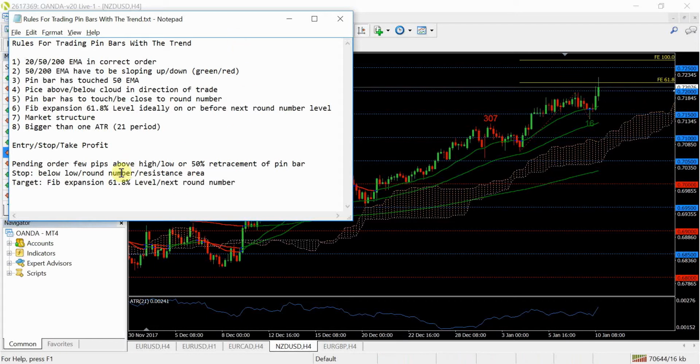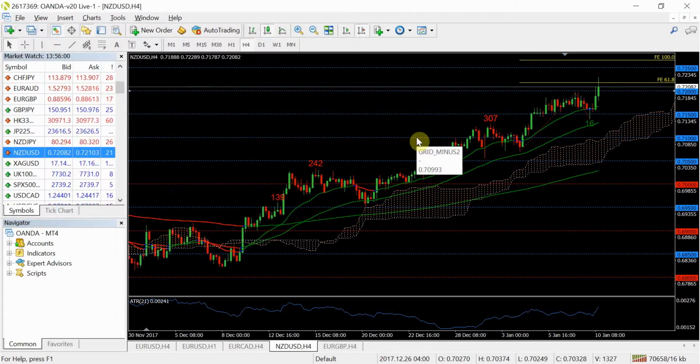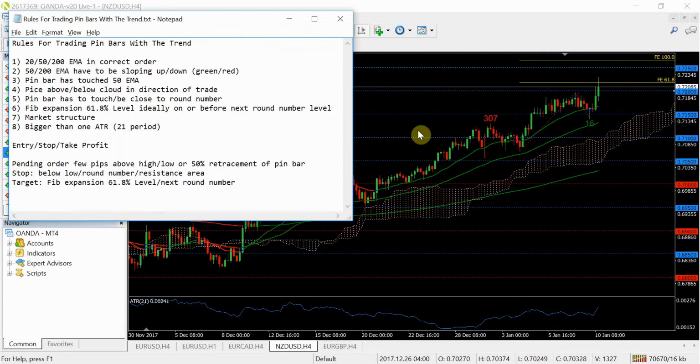When I say I'll do a pending order above, or I'll do a 50% retracement to get in at a better value, it really does depend on how long it takes me to get to the charts, because I could be out or I could be asleep. When I woke up, price was already about here, which in my view was too late, and I wouldn't get the risk to reward that I wanted. So I parked this trade there. I'd rather be out of the market than in the market. However, it was a good trade at the end of the day.